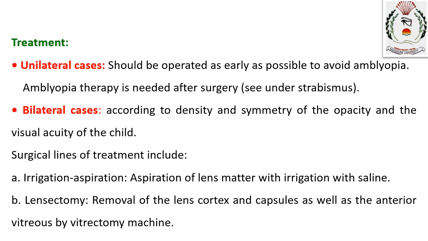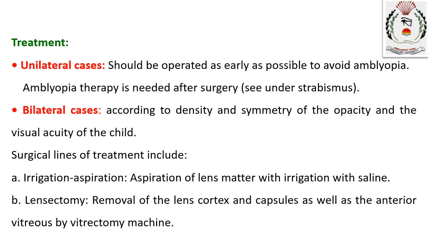How can we treat a child with congenital cataract? First, we can differentiate. If the case is unilateral, the unilateral cataract is more dangerous. Why? Because a single eye is affected and the other eye is normal. So he is very liable to amblyopia in the affected eye. So he must be operated on as early as possible to avoid amblyopia.